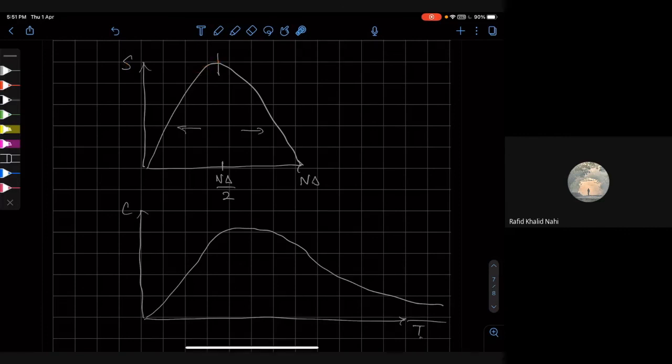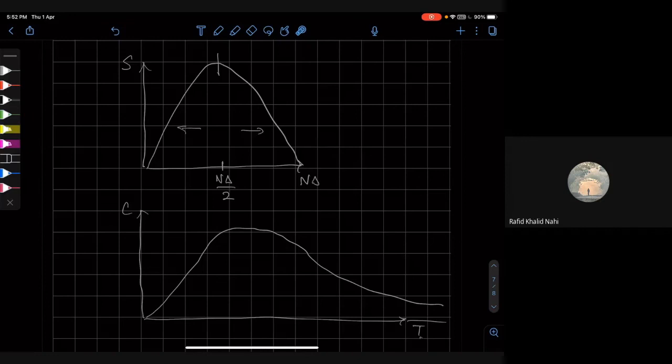And although there are plenty of available states, as we go to a higher and higher temperature, the absorption of energy is dominated by the fact that there are more and more states in which that energy can be absorbed, and therefore the entropy is increasing.